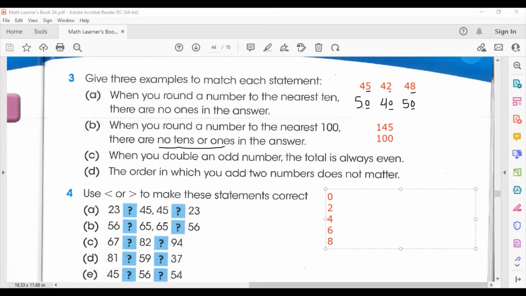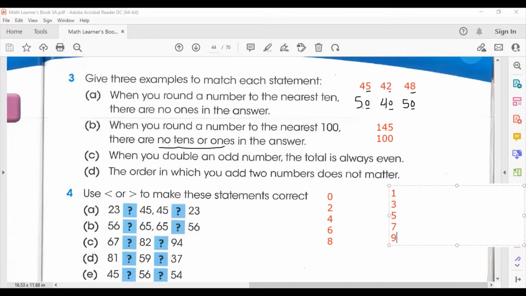These are even numbers. If not even, the remaining are odd. Like 0 even, so 1 odd, 2 even, so 3 odd, 4 even, 5 odd, 6 even, 7 odd, 8 even, 9 odd. We need to memorize until here.